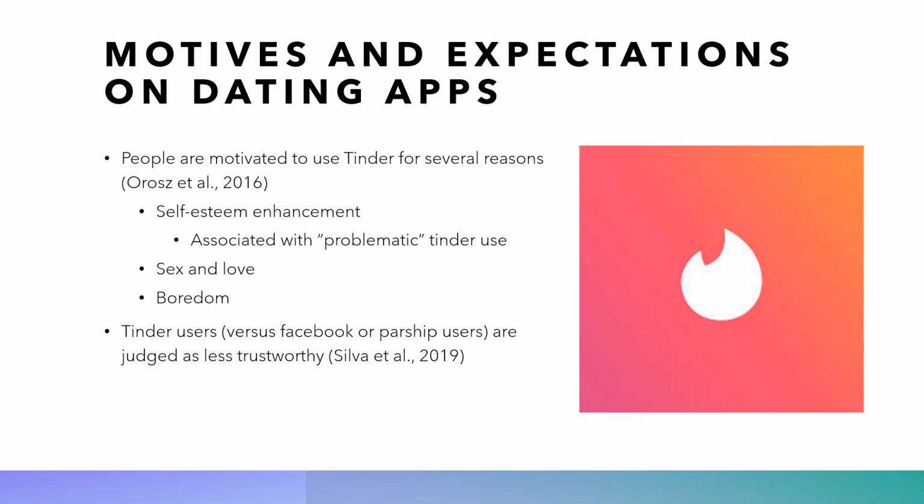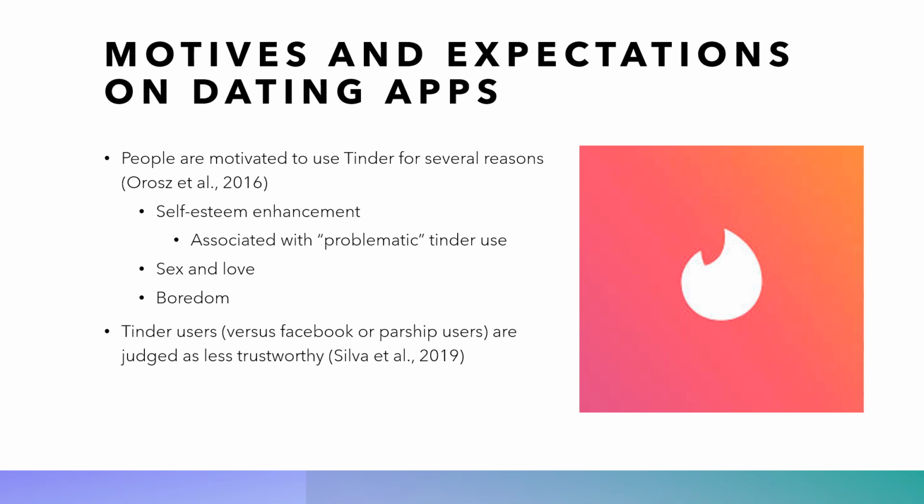Tinder is also used for self-esteem enhancement. So I think we maybe talked a bit about self-esteem enhancement in the first lecture, where I also talked about self-verification theory. So it's a pretty straightforward concept. We like to feel good about ourselves and we seek that out. I don't think it's a surprise to anyone that people often use Tinder for self-enhancement.